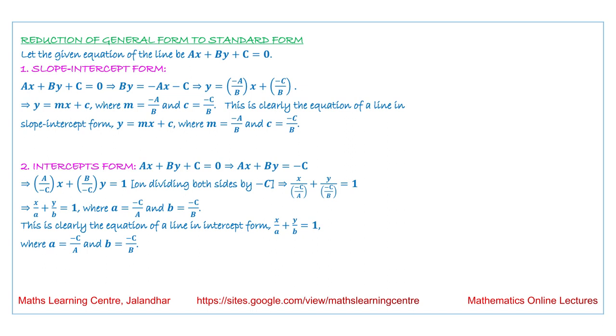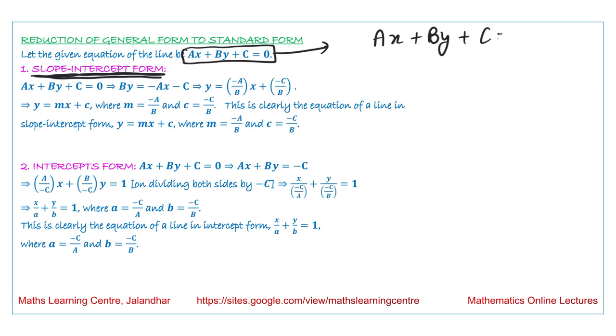Next is reduction of general form to standard form. The first case we are discussing is when the given line is of the form ax plus by plus c is equal to 0, and we want to reduce this equation to the slope-intercept form, that is y is equal to mx plus c.